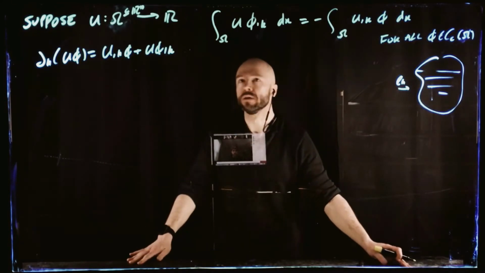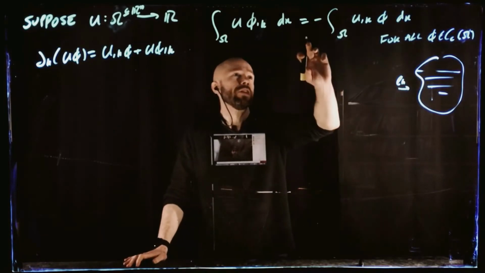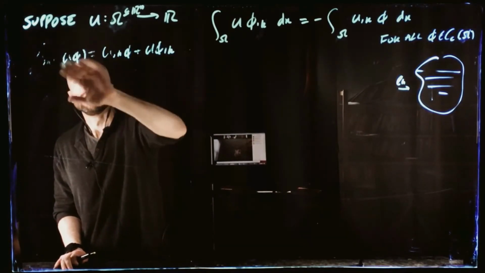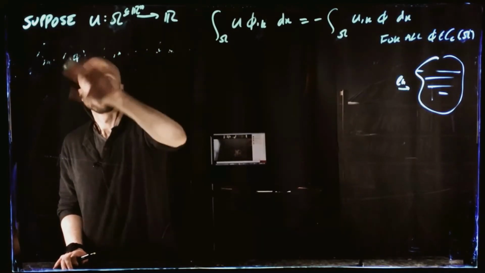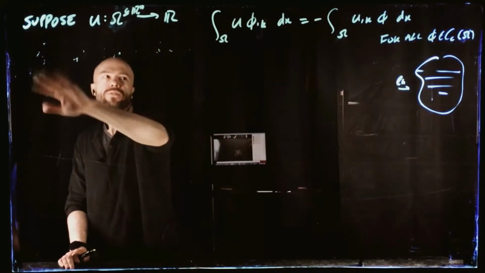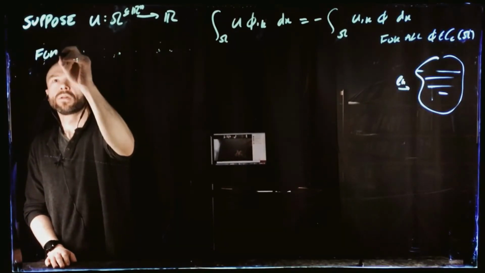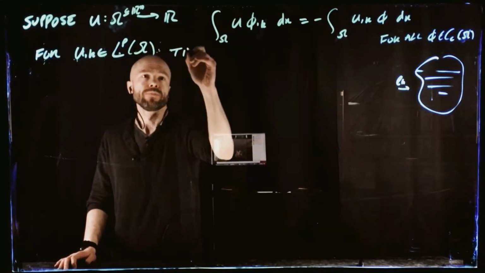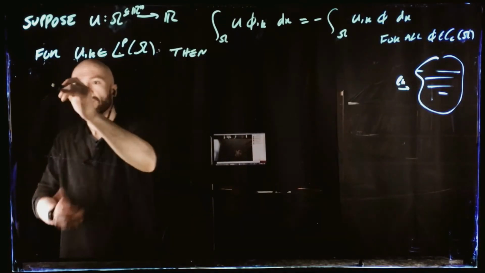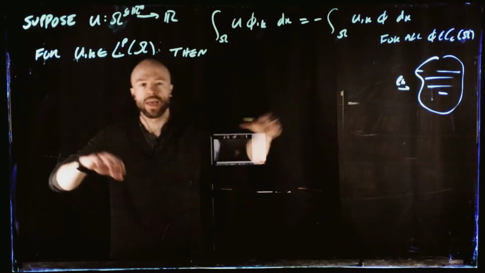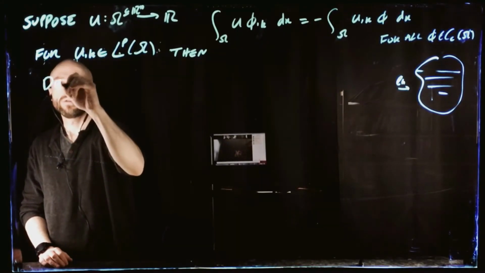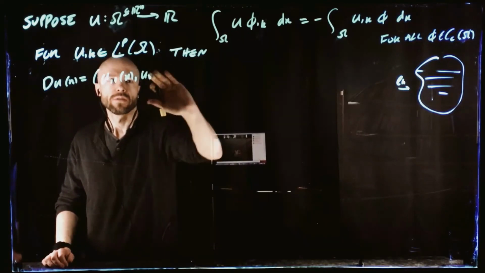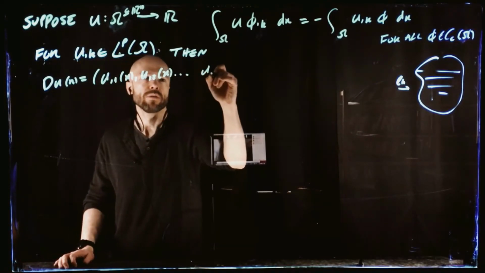You okay? Okay, cool. So, if this holds true for all test functions, for these u comma k, which belong to Lp of Omega, then the actual gradient, which as you know is in Rn if we have a classical pointwise derivative, the actual gradient of u at x is equal to u comma 1 of x, u comma 2 of x, up to u comma n of x.